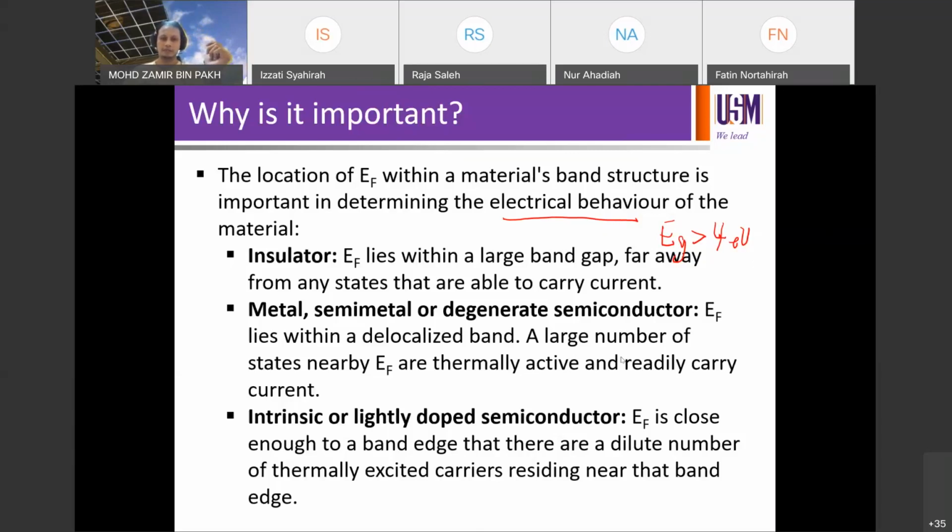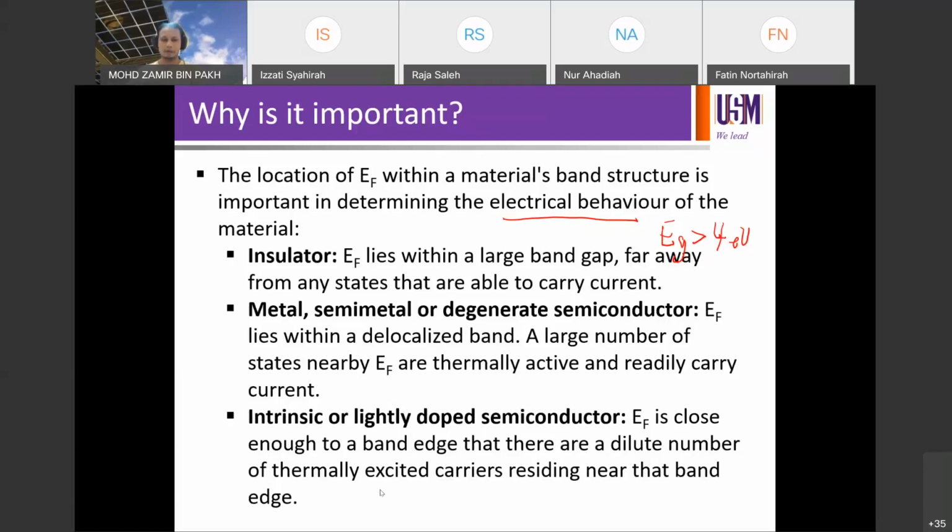A large number of states near EF are thermally active and readily carry current. They are there already and they are crossing the borders at all times. Whereas for intrinsic or lightly doped semiconductor, the EF is close enough to a band edge that there is a dilute number of thermally excited carriers residing near the band edge.